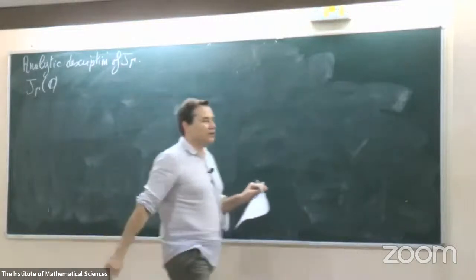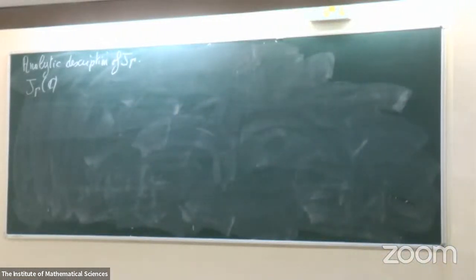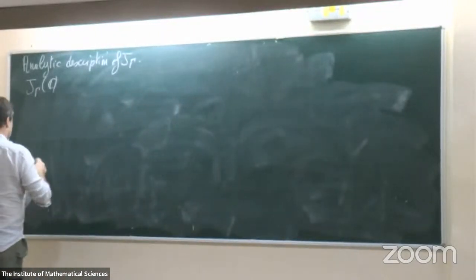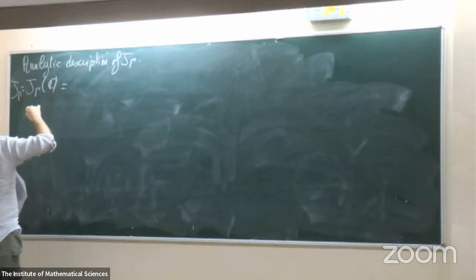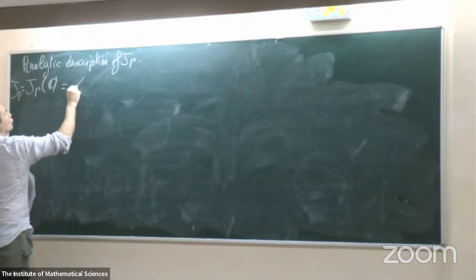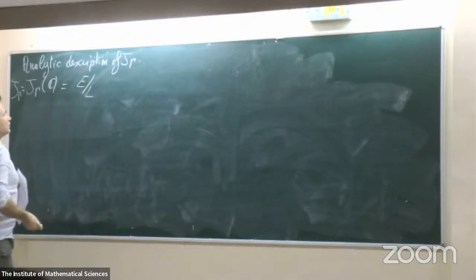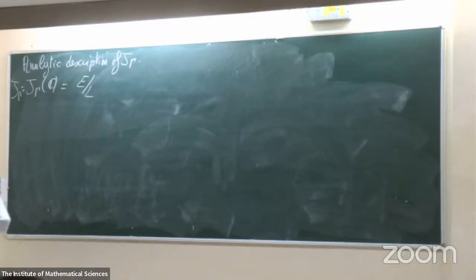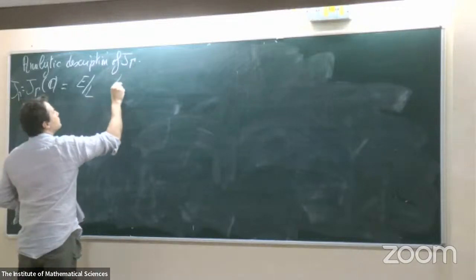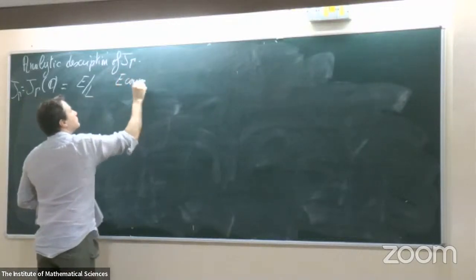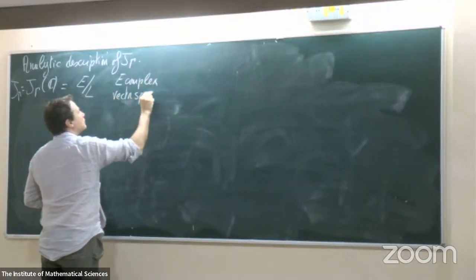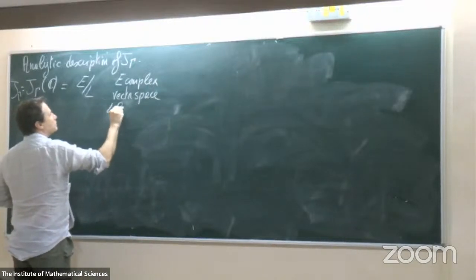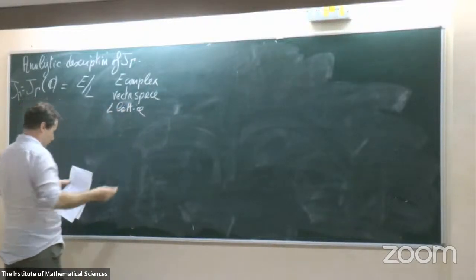I'm just going to consider the complex points. It can be understood as a complex Lie group, E modulo L, where E is a complex vector space and L is a lattice, in the following way.